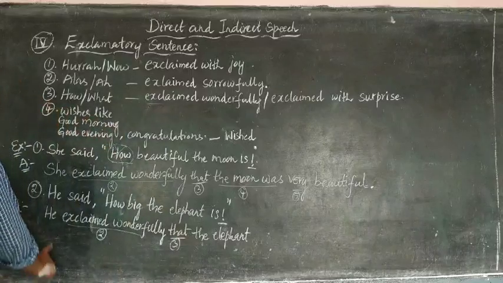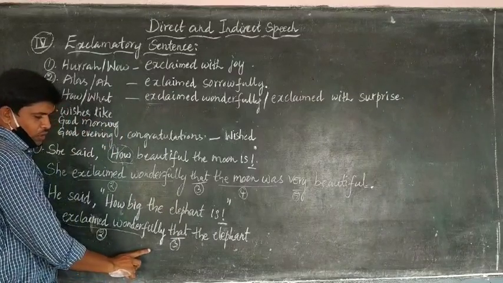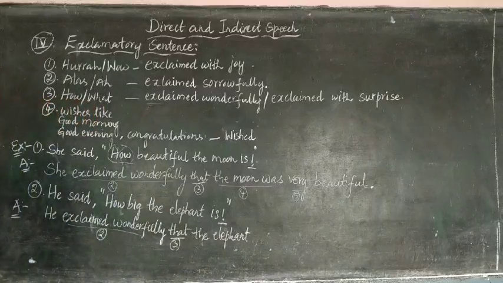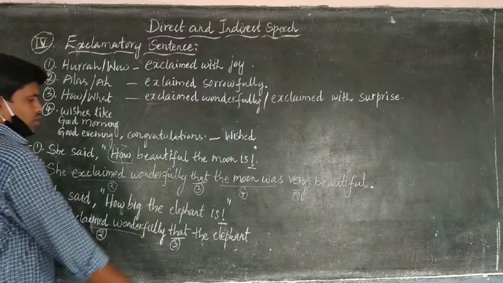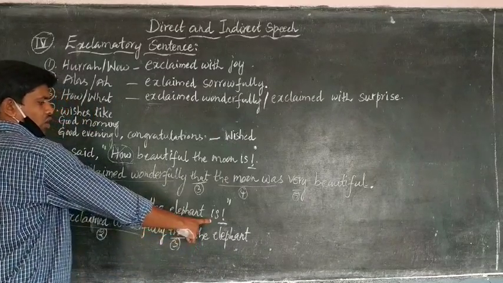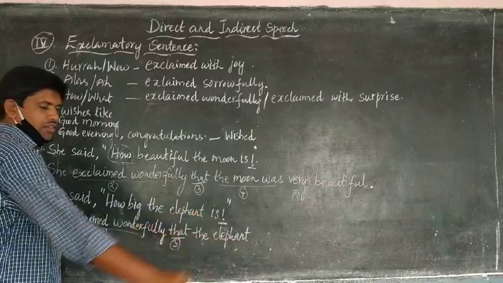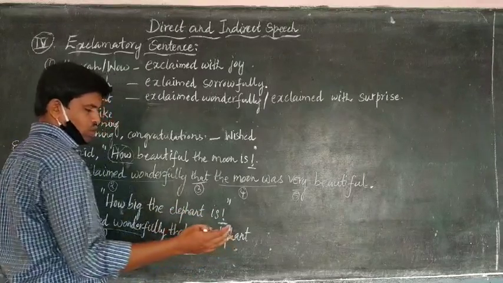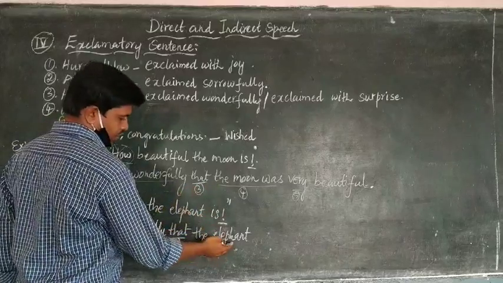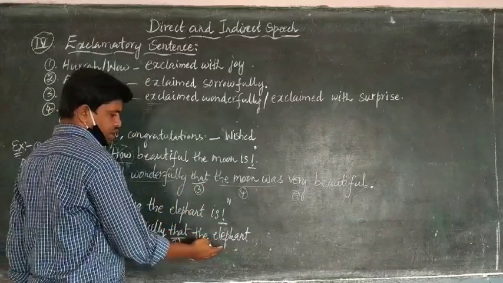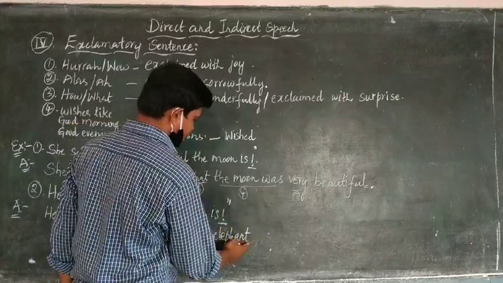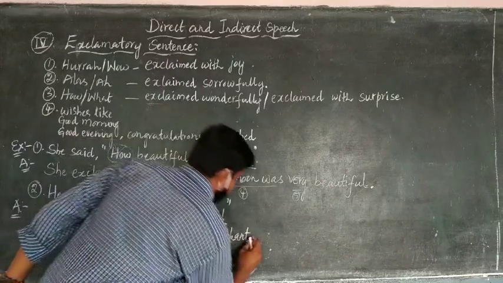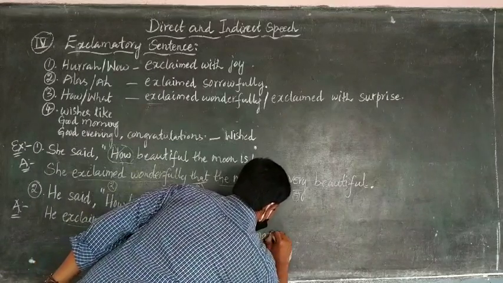He exclaimed wonderfully that the elephant. So is and are, if you see, then they will change into the first word, and first word depends on the subject. If you see singular, you have to write was. If you see plural, you have to write were. So the elephant was.